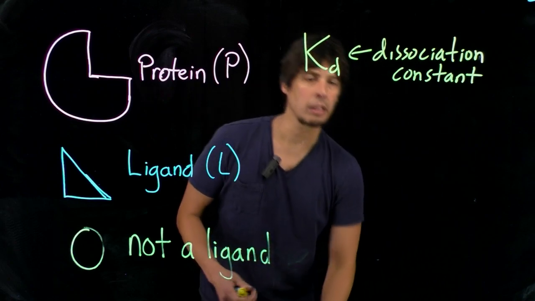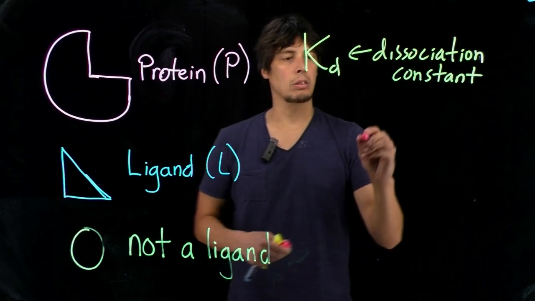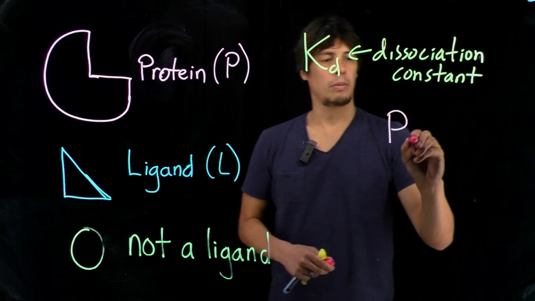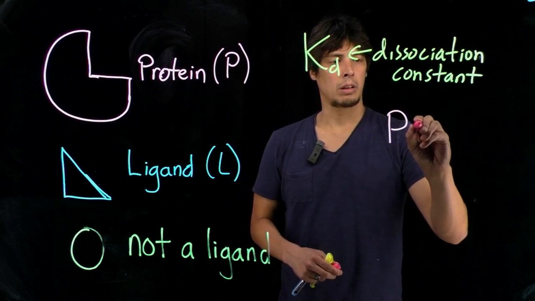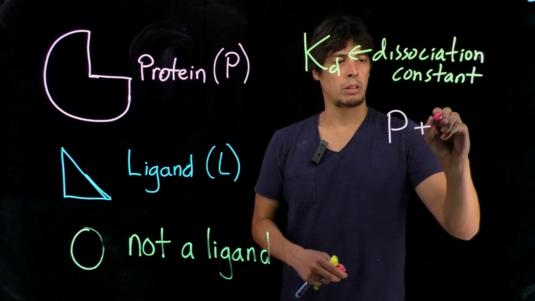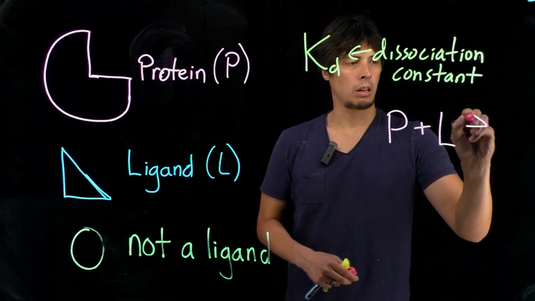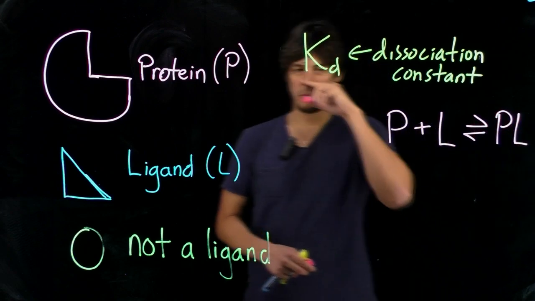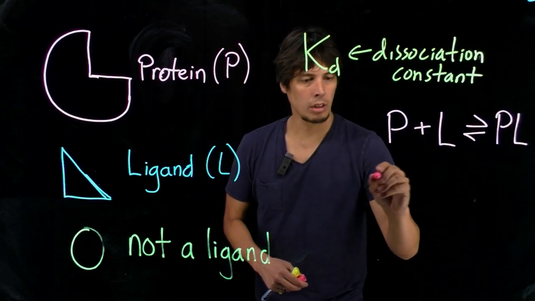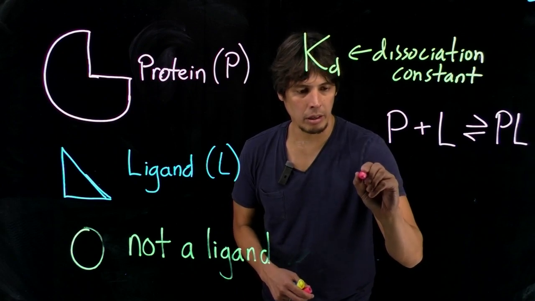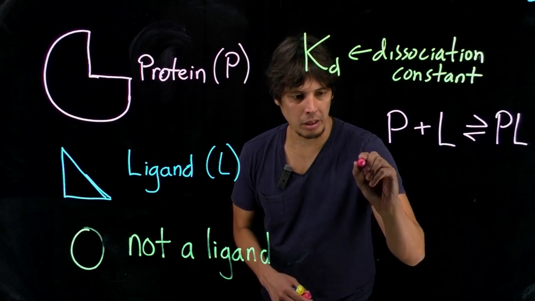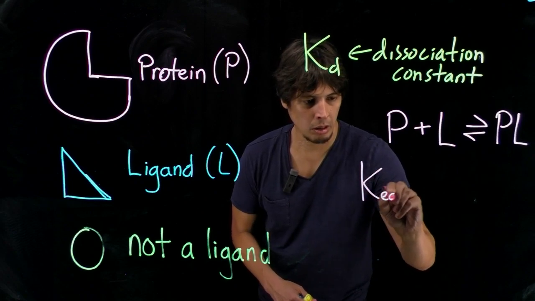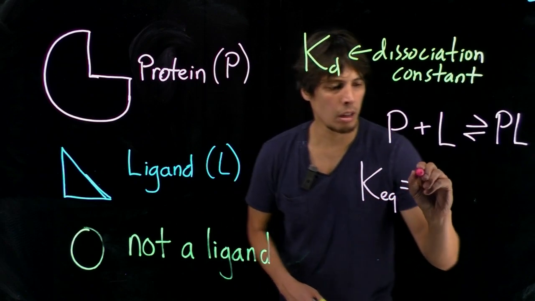So what that actually is, it's just an equilibrium constant. So if we have an equilibrium between protein and a ligand to form a protein-ligand complex, we might write as the equilibrium constant, we'd say K, for instance, KEQ, equals the law of mass action.